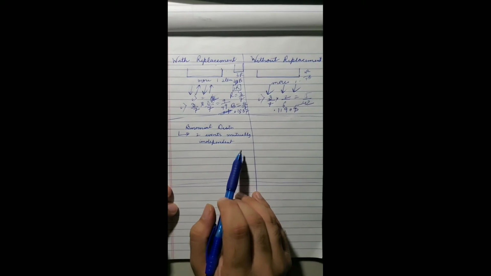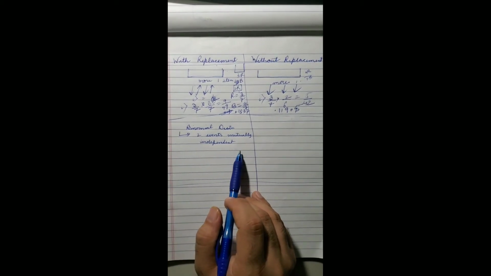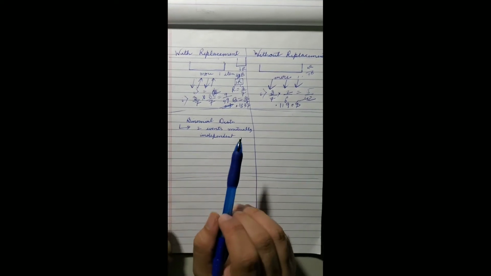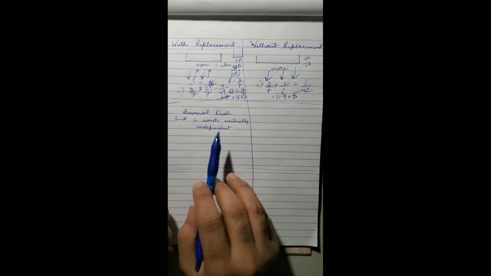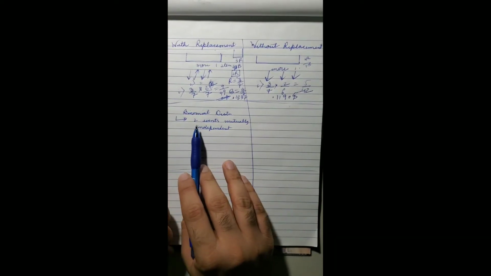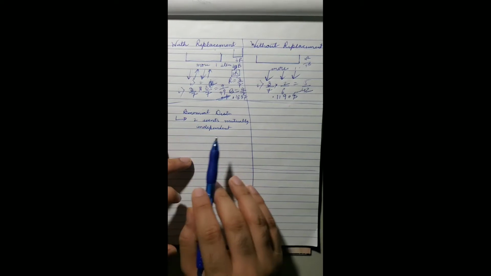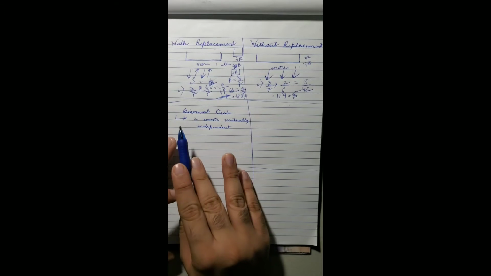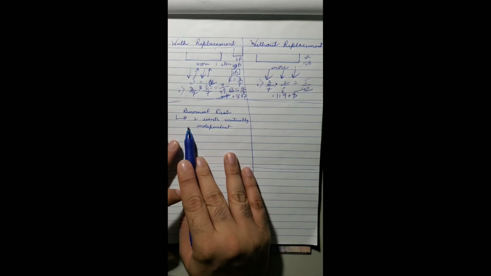When you say two events are mutually independent, that means the probability of the second event is not dependent upon the probability of the first event.